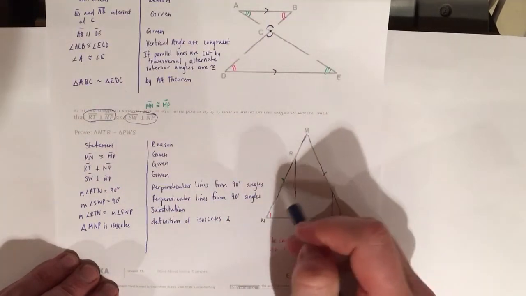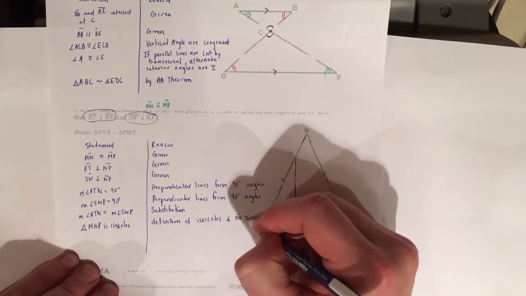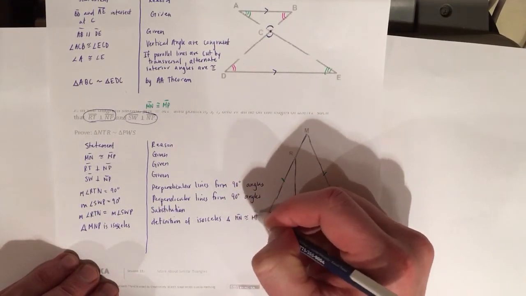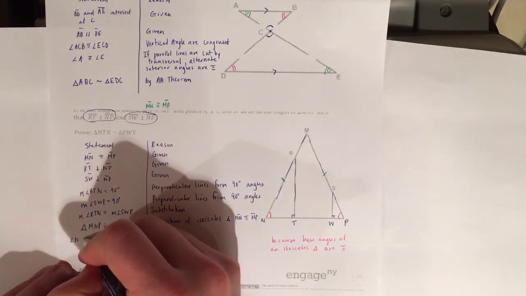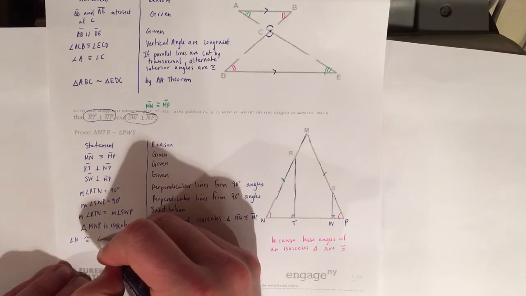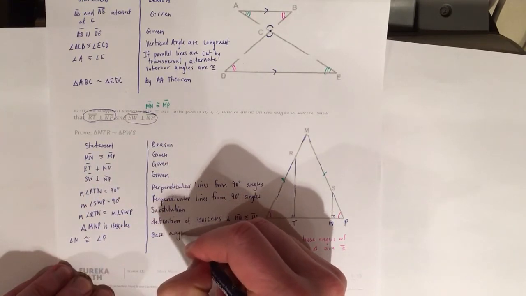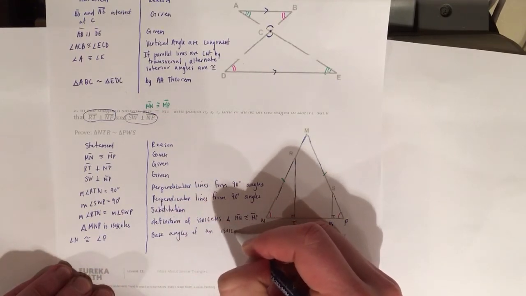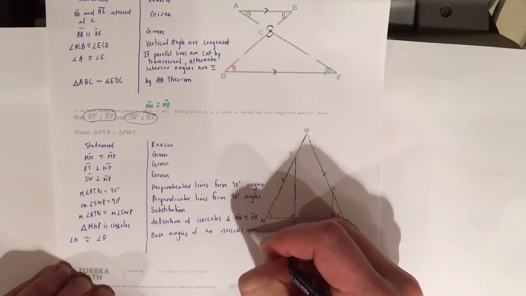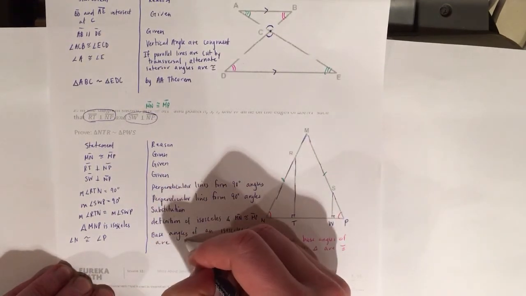And really where that comes about is because MN is congruent to MP, and then angle N is congruent to angle P, base angles of an isosceles triangle are congruent.